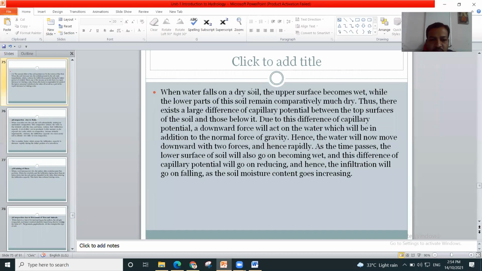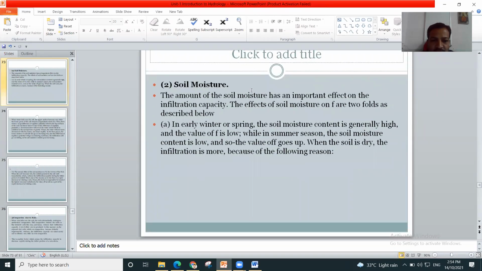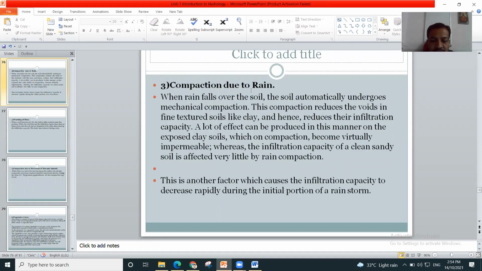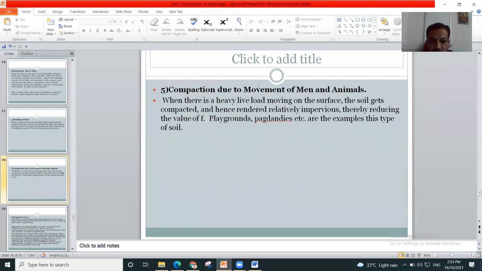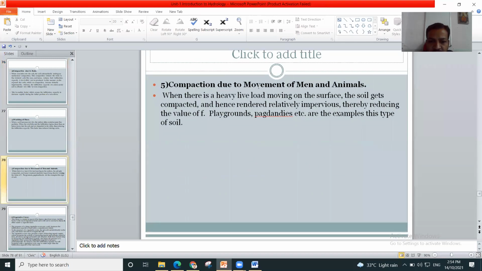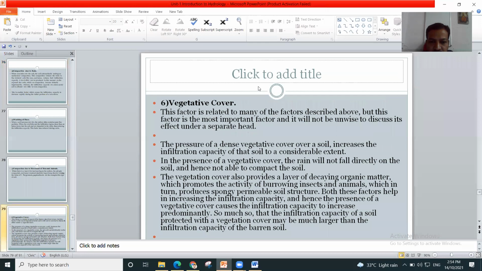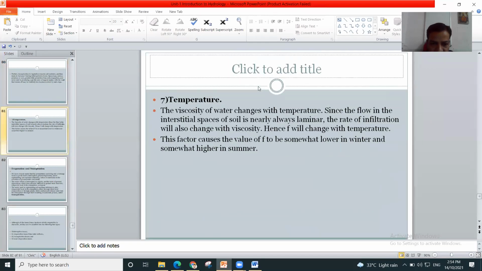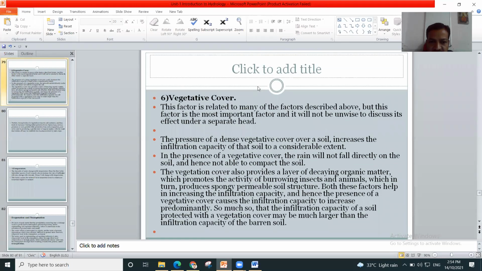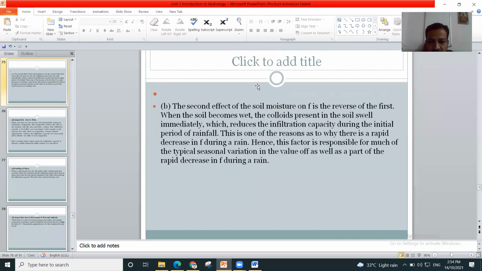Then again, it will depend upon the soil moisture. Then it will depend upon the compaction due to rain, washing of fines, compaction due to movement of men and animals, vegetative cover, and temperature. Based on these factors, the infiltration capacity is determined.